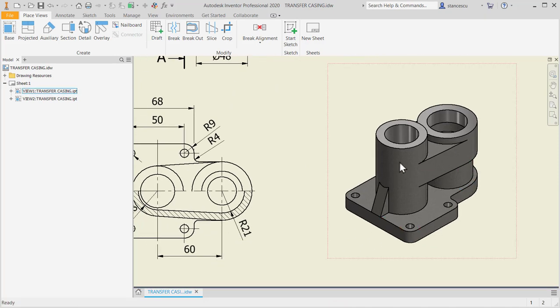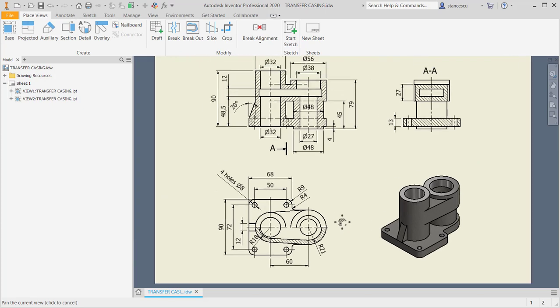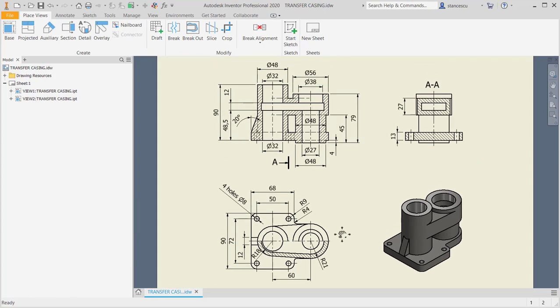We start with this plate, and we have to take care of this diameter of 56, which is the same as the external diameter of the base plate.